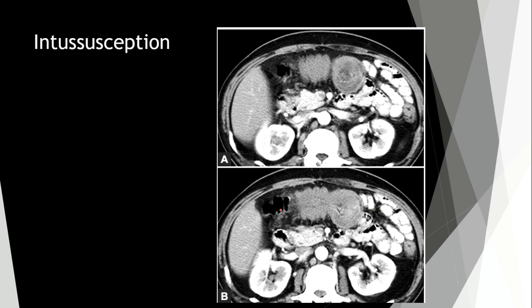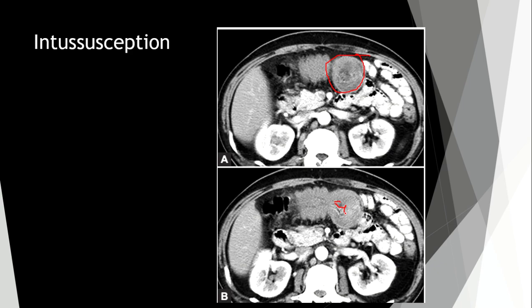Intussusception. Where do we see the intussusception here? You see intussusception here. You see the rounded structure with different density, and this is the bullseye sign.